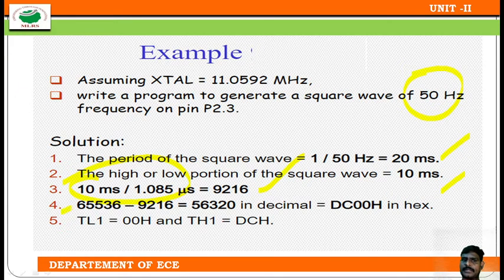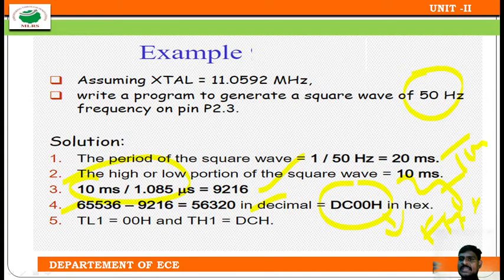Then I subtracted 65536 minus 9216, so I got 56320 in decimal. If I load this value, it will count up to FFFF, and that interval is the 10 millisecond delay. So the initial starting value is DC00, so that I can generate a 10 millisecond delay.